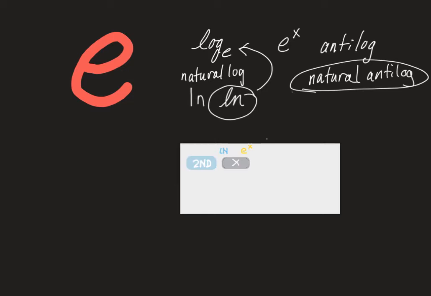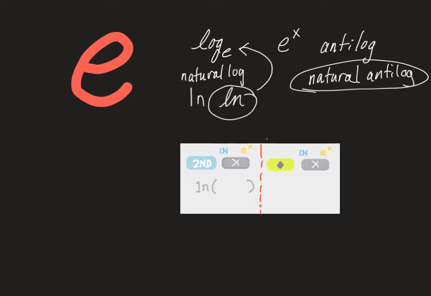So pushing second x on your calculator will activate the natural log, and on your screen you will see this, which looks a lot like 1n, but it is actually the natural log of whatever you choose to write after it. Just when you're finished writing, make sure you close the parentheses.